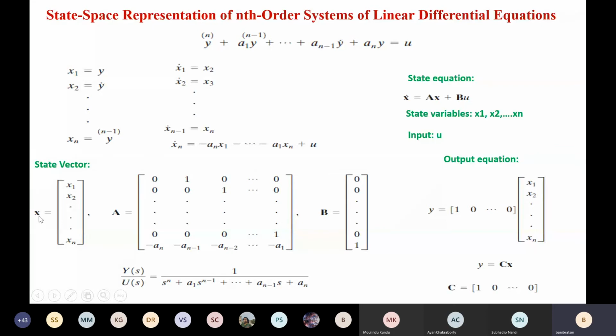Here x is called the state variable, and it is one column vector, where x means x1, x2, dot dot dot, xn. Fine. So what will x dot be? X dot will also be a column type vector, where the variables are x1 dot, x2 dot, dot dot dot, xn dot.